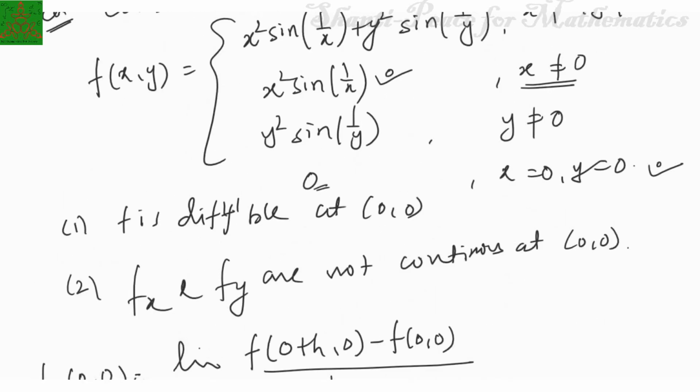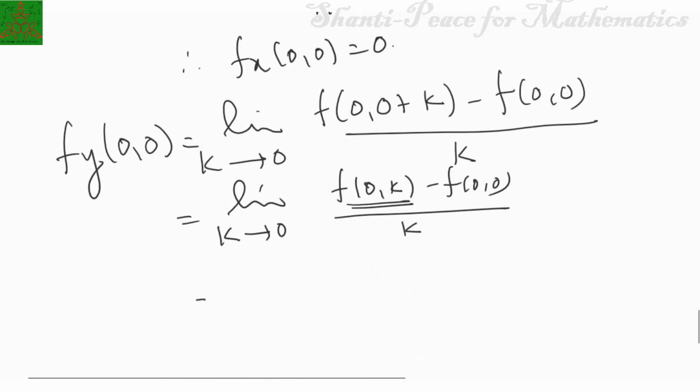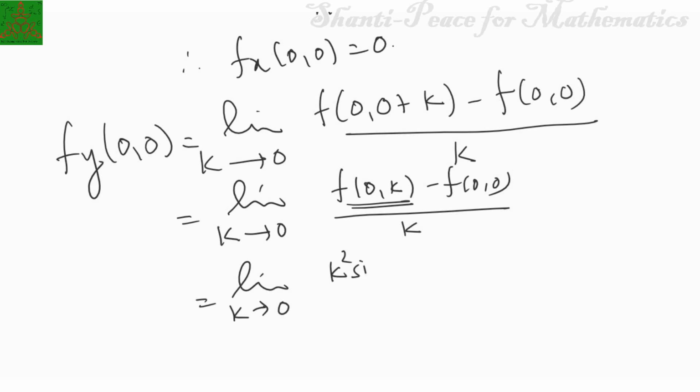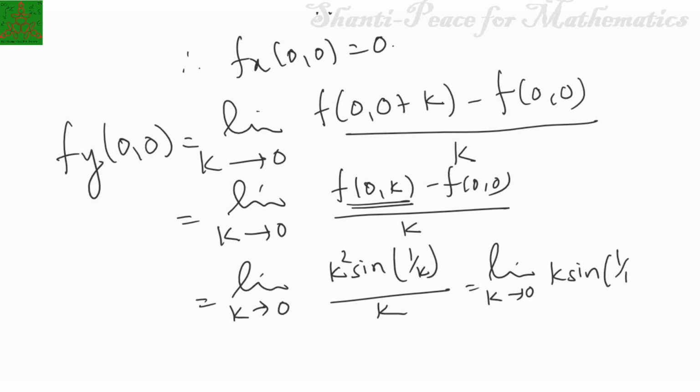So for y non-zero, the function is y square sine 1 upon y. So due to that, this gives you the limit as k tends to 0 of k square sine 1 upon k, and f(0,0) is already 0, upon k. So that gives you the limit as k tends to 0 of k sine 1 upon k, and k into sine 1 upon k will be 0, by the same argument as I gave above. So that's why we can say that fy at (0,0) will also be 0.